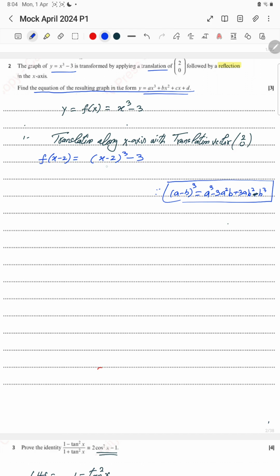Just you guys need to revise the rule as we have discussed in class. So here now after this we need to expand this thing. We have two options. If you know this identity, fine, otherwise you can expand it by applying binomial theorem, binomial expansion.